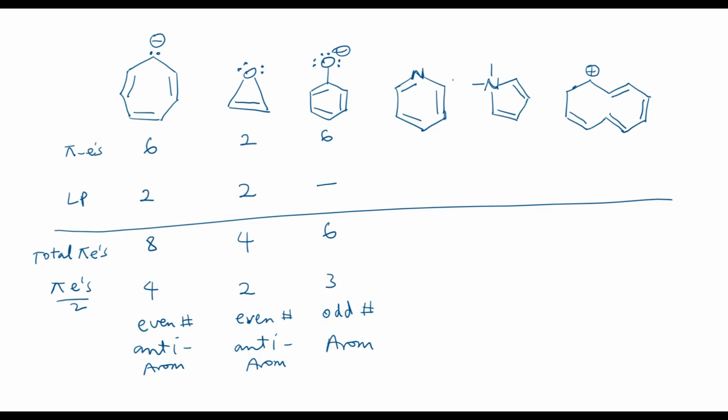Total pi bond is 3, so pi electrons from the pi bond will be 6. The nitrogen has one lone pair. However, that lone pair is not part of the pi system, so we're not going to count that lone pair. Total pi electrons in this molecule will be 6. Divide 6 by 2, we'll have 3. Since 3 is an odd number, we can conclude that this molecule is aromatic.